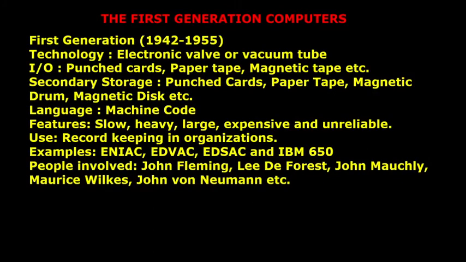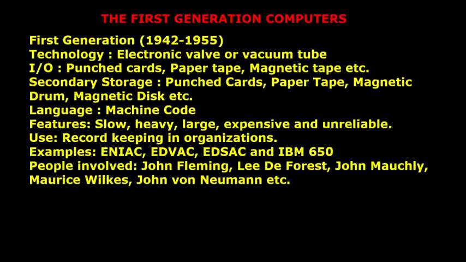Their duration: first generation computers were between 1942 and 1955, and the main technology used to build these computers was electronic valve or vacuum tube, and for input and output, punch cards, paper tape, magnetic tapes were used, and for secondary storage also punch cards, paper tape, magnetic drum, magnetic disks, etc.